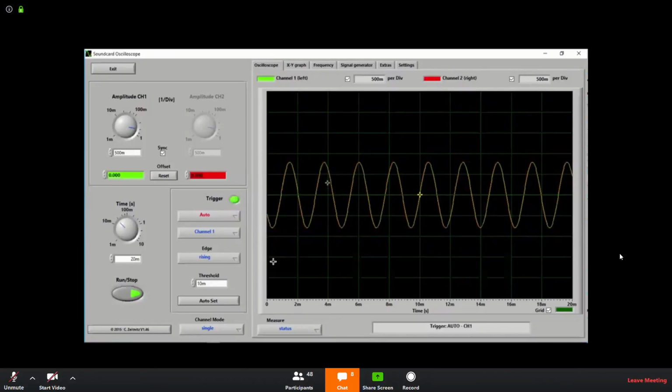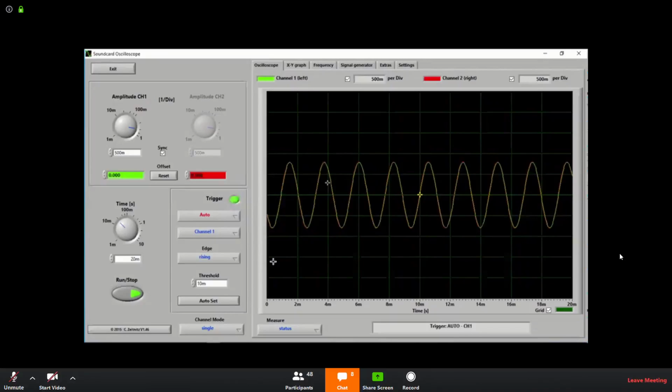So basically, we are giving a voltage to our speakers, our laptop is generating a sine wave across the speakers, and that voltage is coming to our oscilloscope. We are measuring the voltage of our speakers because we are not physically present, meaning we do not have a lab.